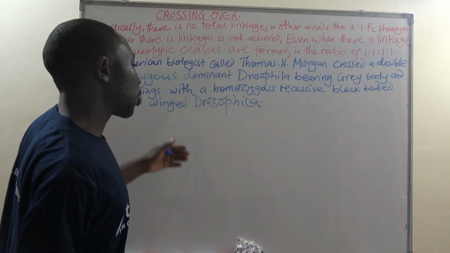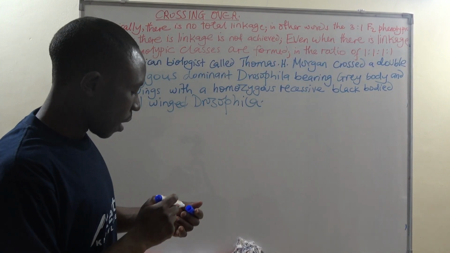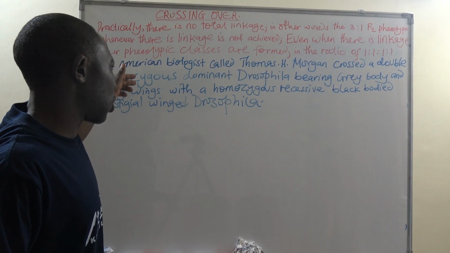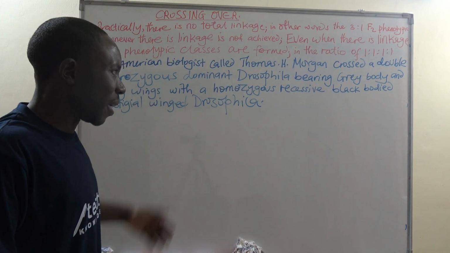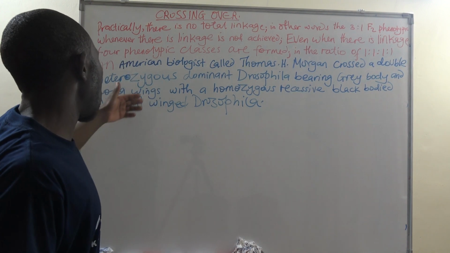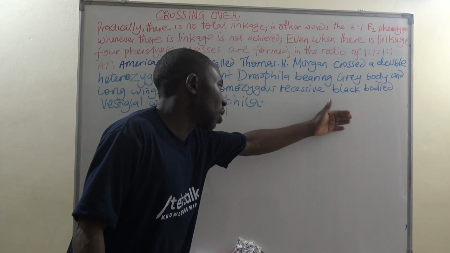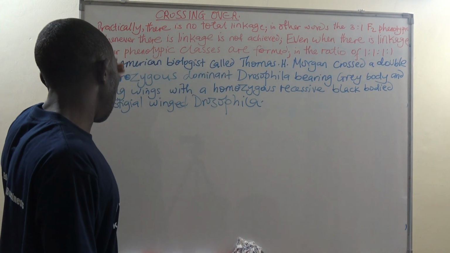So, of course, that is what happened. Morgan crossed a double heterozygous dominant Drosophila bearing a gray body and long wings with a homozygous recessive black-bodied vestigial-winged Drosophila.